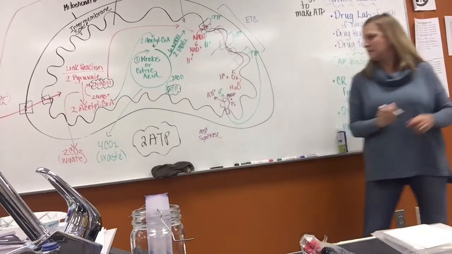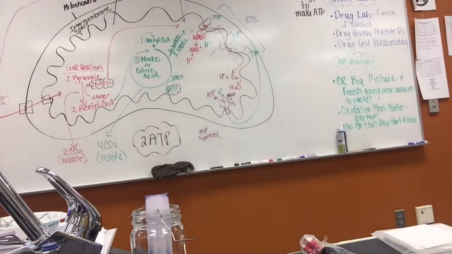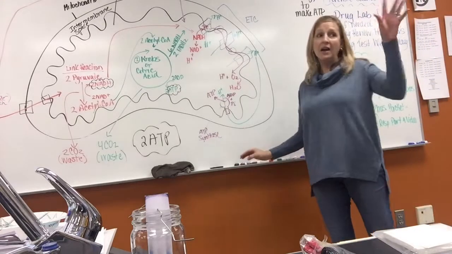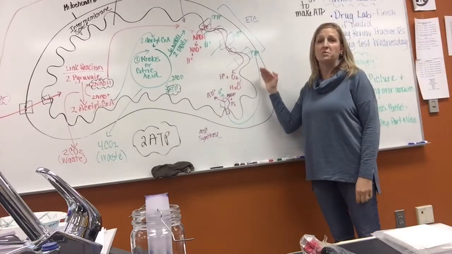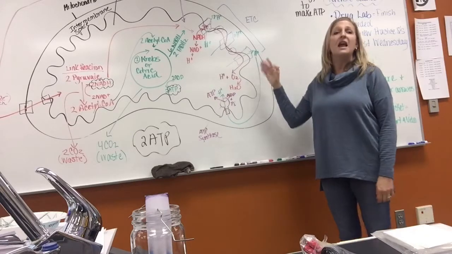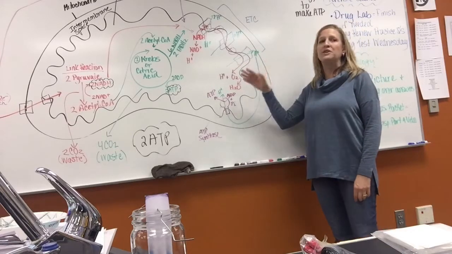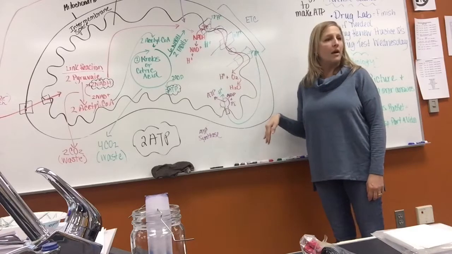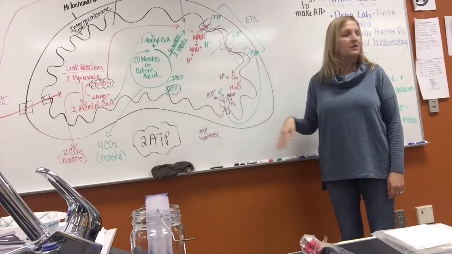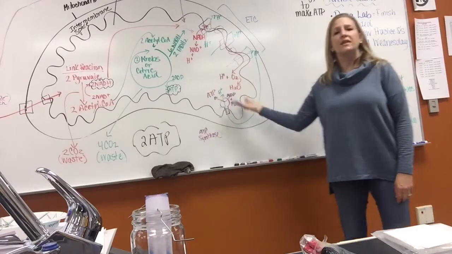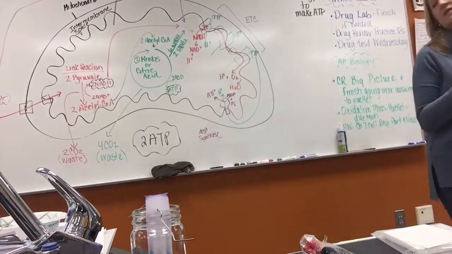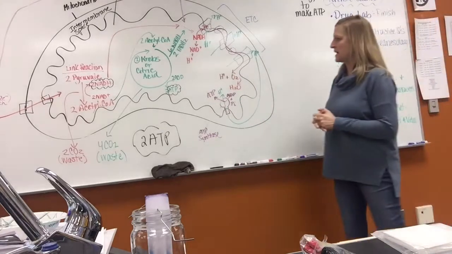So ATP is made there, and it's only when those H pluses are diffusing through. Hence the reason why it's so important to have a high concentration of H pluses in the intermembrane space. If the H pluses ever reached equilibrium, organisms would die very soon because the H pluses would never diffuse back in, and then this enzyme wouldn't work, and therefore we wouldn't be able to make ATP.